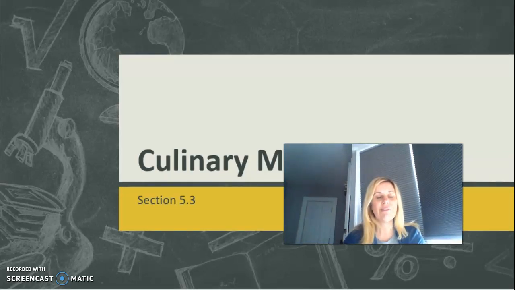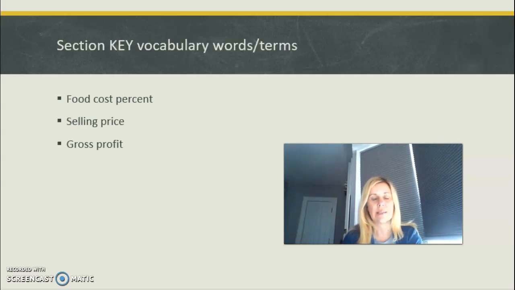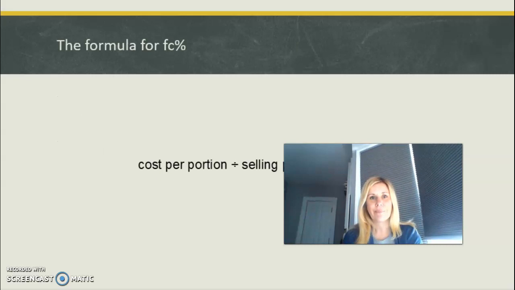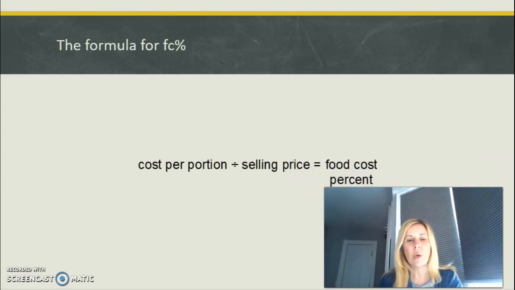So in section 5.3, the objective is to understand and calculate cost proportion, selling price, and food cost percent. Some words that we are going to define and talk about are food cost percent, selling price, and gross profit. So the formula is going to be cost per portion, and we started to learn how to do this on a recipe costing sheet.